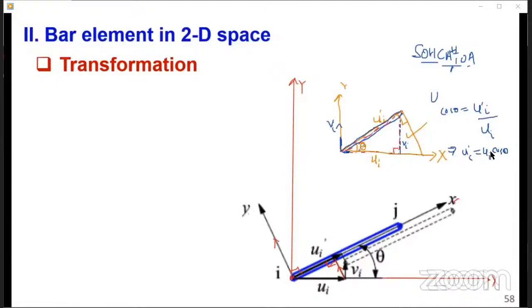So if you use the second triangle, you want to get the vertical component of ui still, the horizontal displacement u prime i. So you see this one now, u prime i is the hypotenuse, and you want to get opposite, so use sine. So sine theta is equal to opposite, which is vi over hypotenuse.